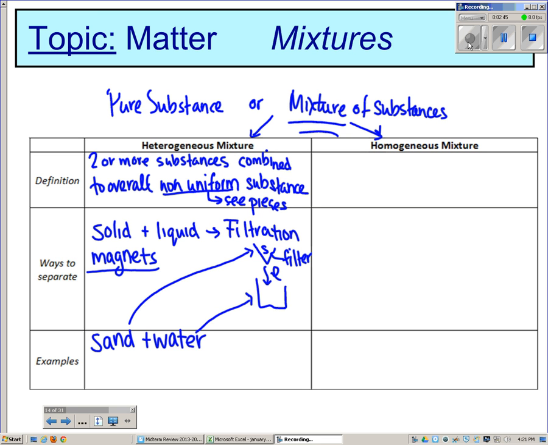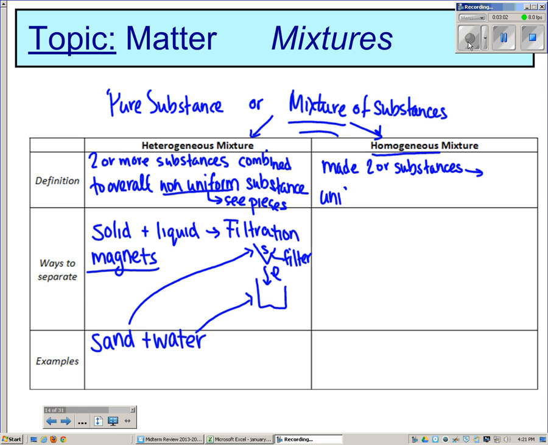So even if this water had some salt dissolved in it, it would be able to pass through the filter paper. Because salt and water is a homogeneous mixture, which is a mixture made of two or more substances that make a uniform composition.